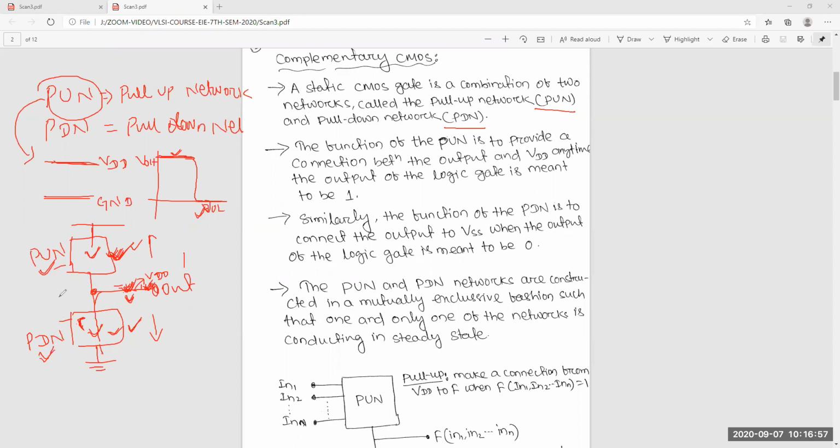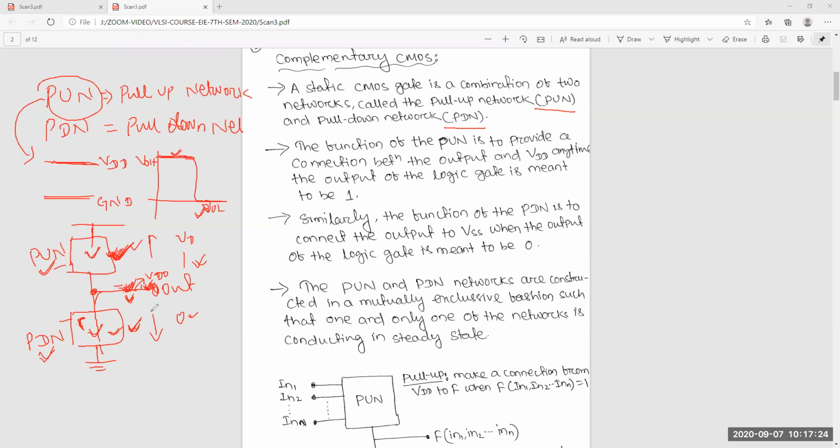So in a combinational circuit in CMOS style, these two are always there, a pull up network and a pull down network. The function of one is to make the output 1 or VDD, and the other makes it 0 or ground.